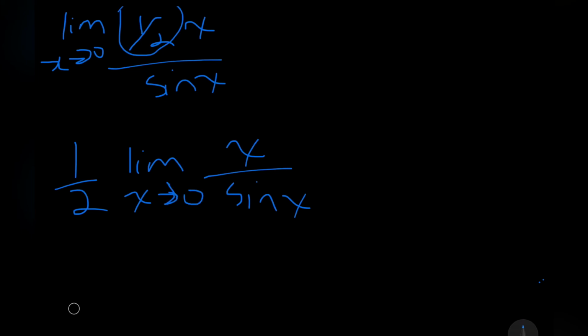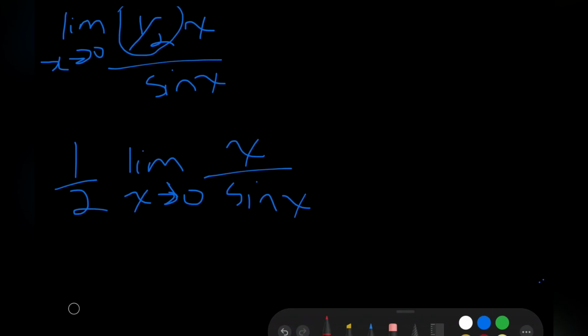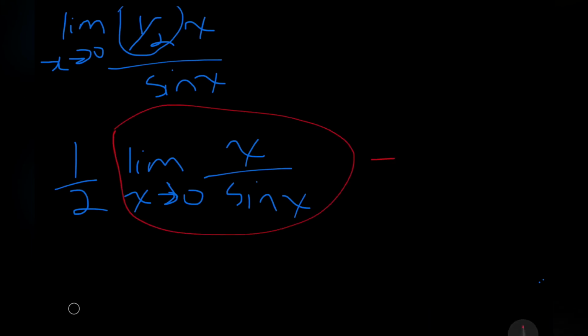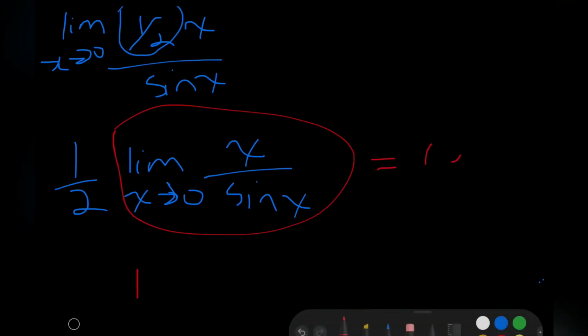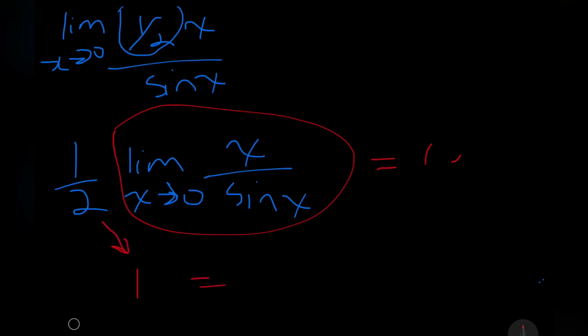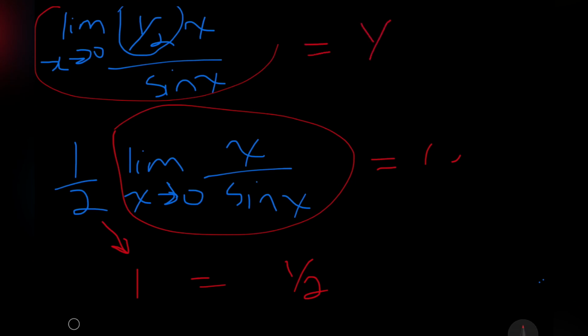And from the last video, we know that the limit of this is equal to 1. So 1 here times the half in blue would give us a half. So the limit of this function as x approaches 0 is equal to a half.